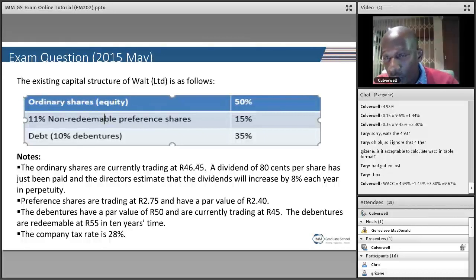Our cost of ordinary shares was 9.86, cost of preference shares was 9.6, and cost of debentures was 9.43. You then multiply the weights by the respective cost to give you your weighted cost, which were 4.93 for ordinary shares, 1.44 for preference shares, and 3.30 for debt. The total of the weighted cost is 9.67, which we refer to as our WACC.